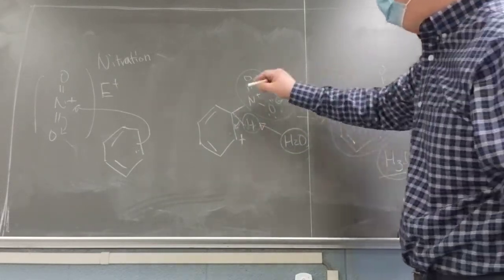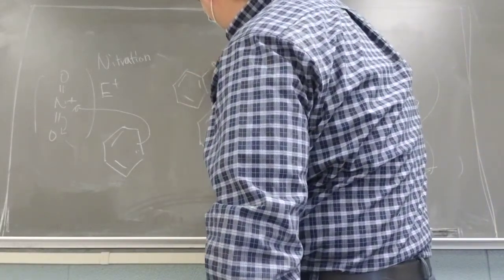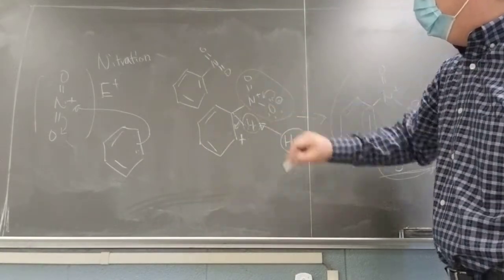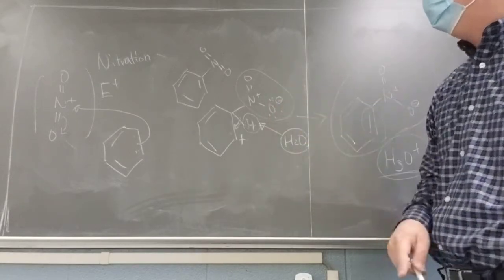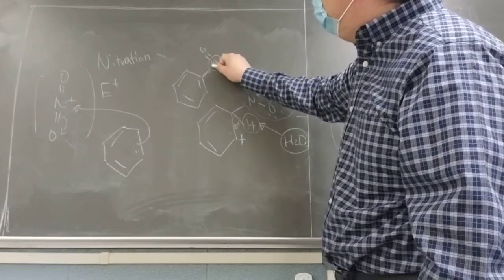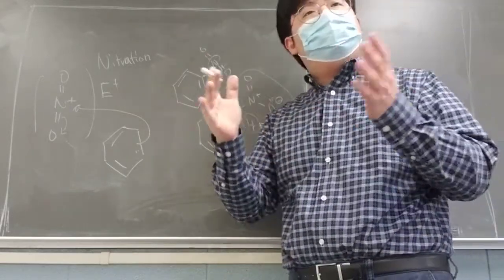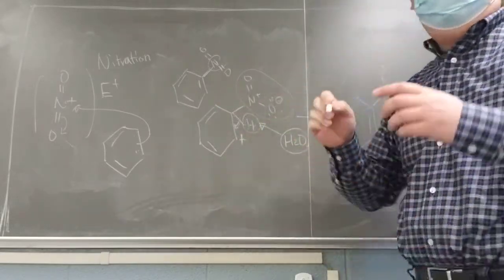So why wouldn't they do this one? They just move there, right? But they just don't do it that way, okay? Because in this way, nitrogen has one single bond and two double bonds, which is electrostatically much more stable, but the problem is they can't do it because of its structure.